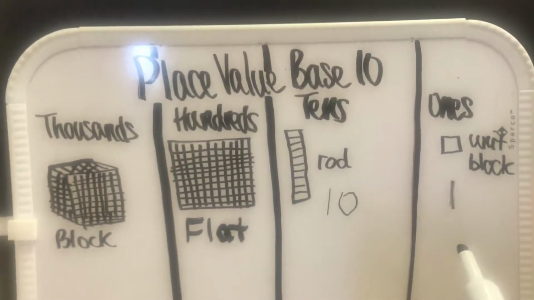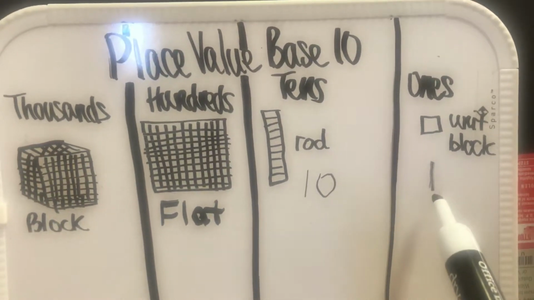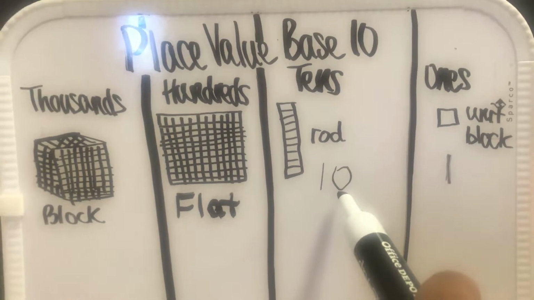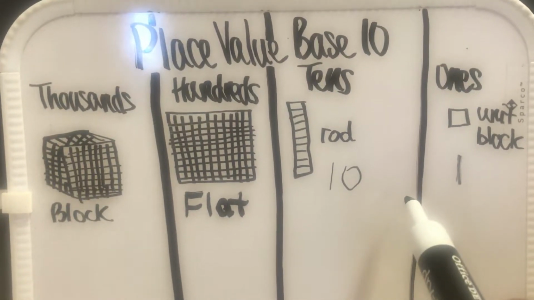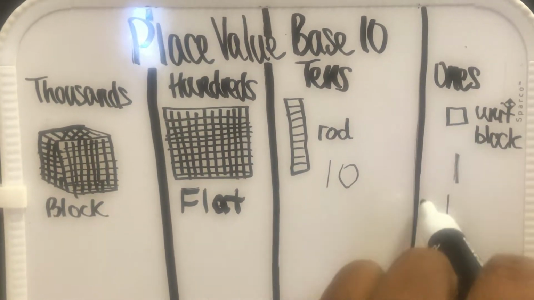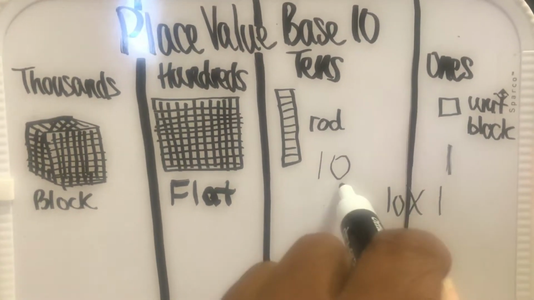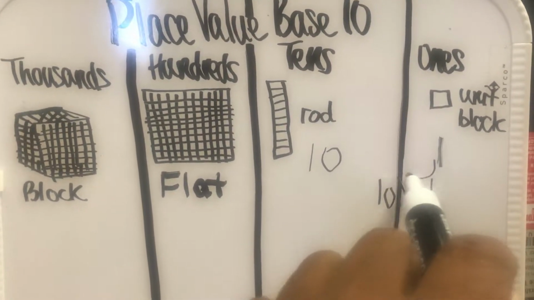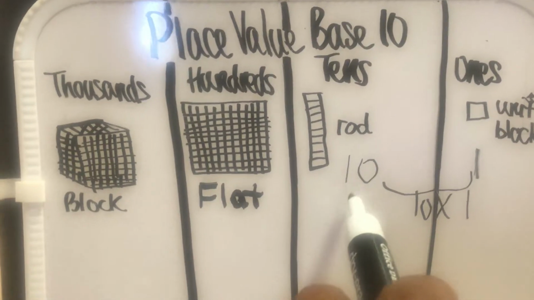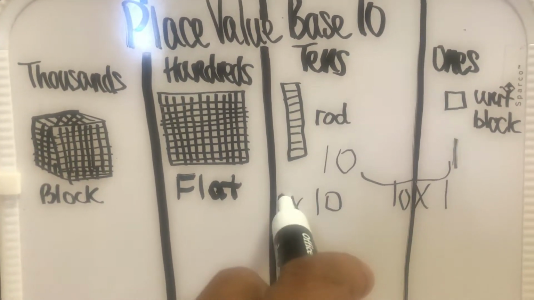Now, I see how I can show how the value of 10 represents the tens in the tens place by multiplying by 10. 1 times 10 gives me 10. Now, I'm going to multiply 10 times 10.